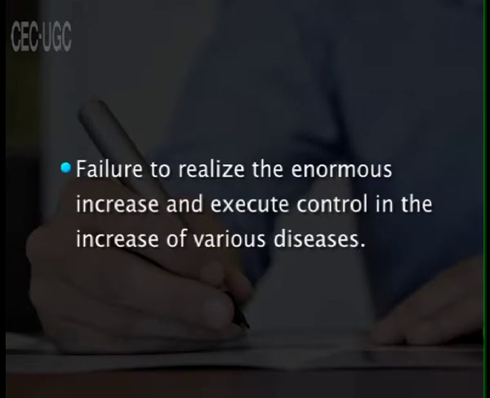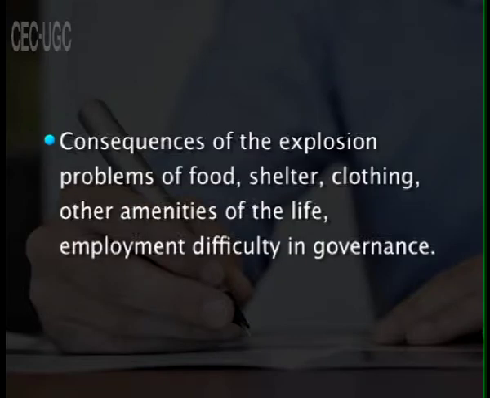Third point, failure to realize the enormous increase and execute control in the increase of various diseases. Fourth point, consequences of the explosion: problems of food, shelter, clothing, other amenities of life, employment, difficulty in governance.